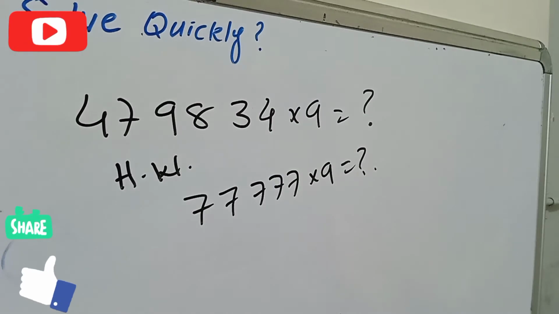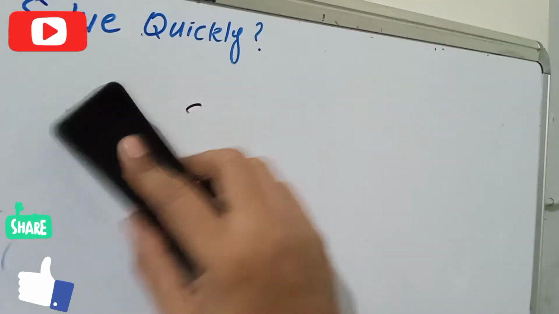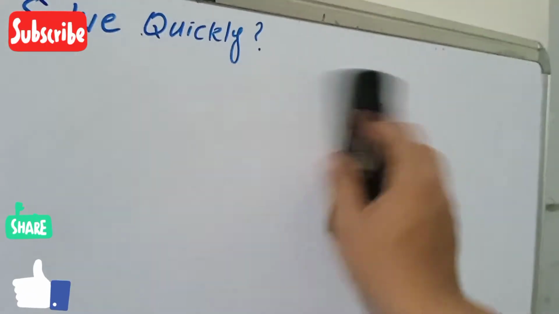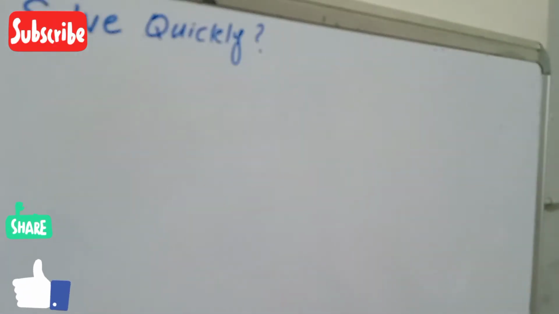Now we have discussed the multiplication of large numbers by 9 in this video, but now we can move towards large number multiplication by 5.